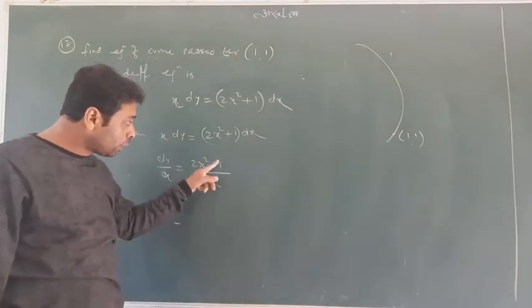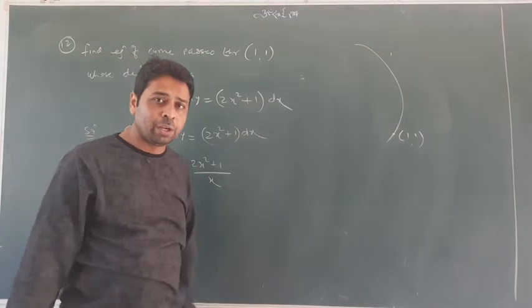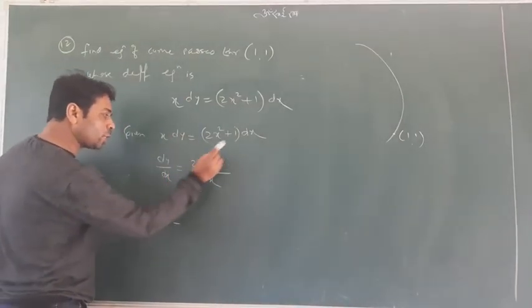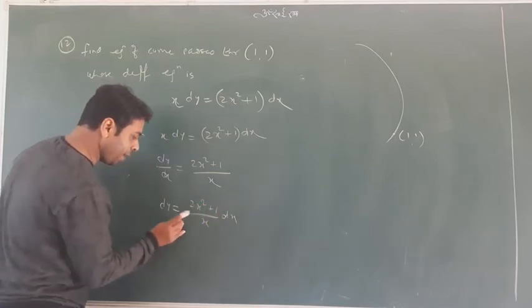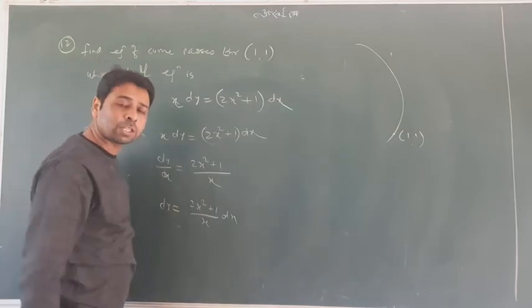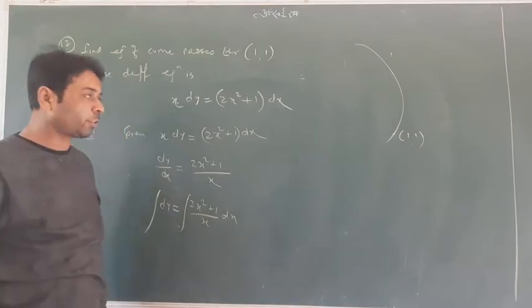Definitely, it is a whole term of x, no y. It's a very good thing. So what we will do? We will only transfer dx there with the term x, and not transfer x with dy, because it is not a term of y, it is a term of x. So let it be with the dx and do the integration.